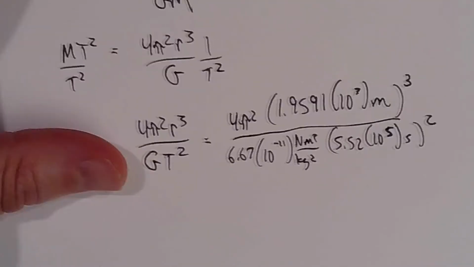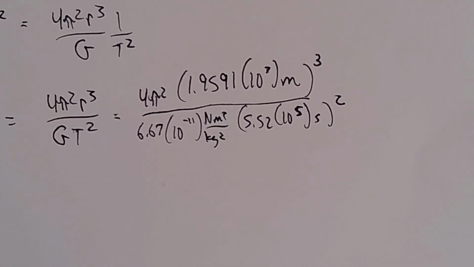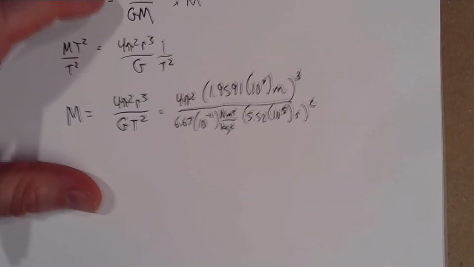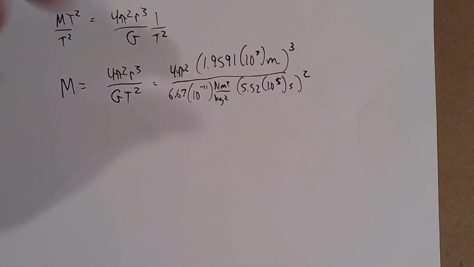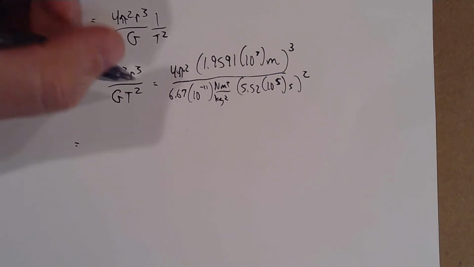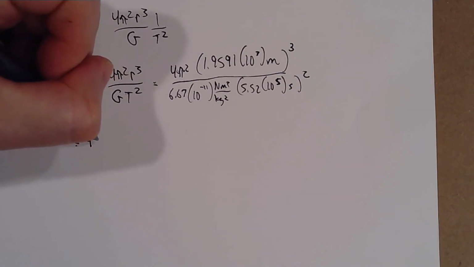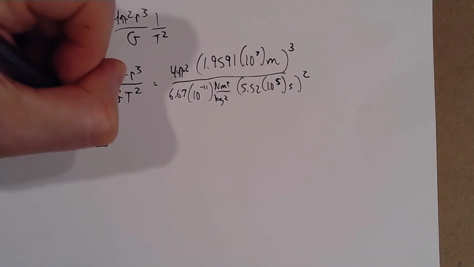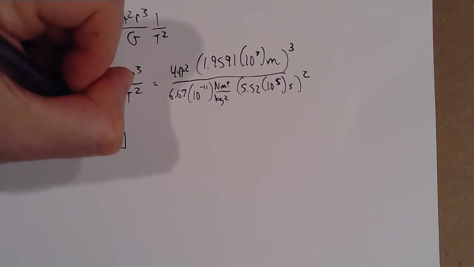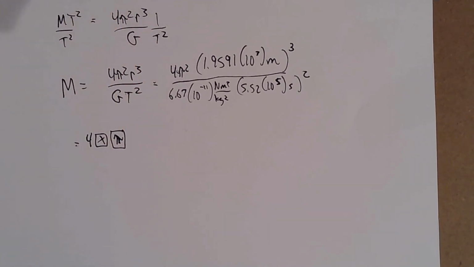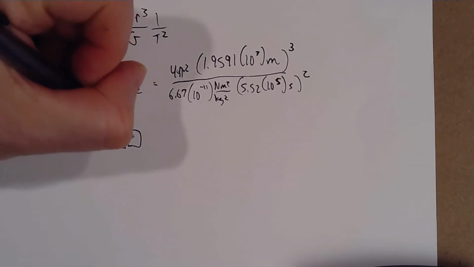Now, getting that plugged in and ready to go is no easy task this Sunday drive. We take 4 times pi, and your calculator should have an x squared button.